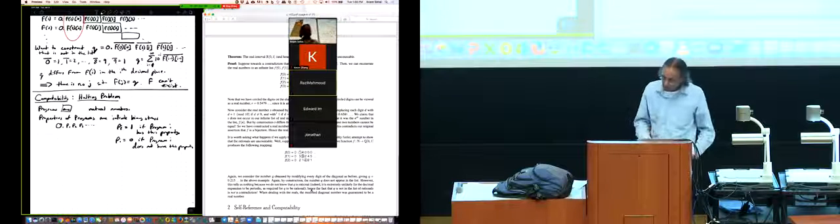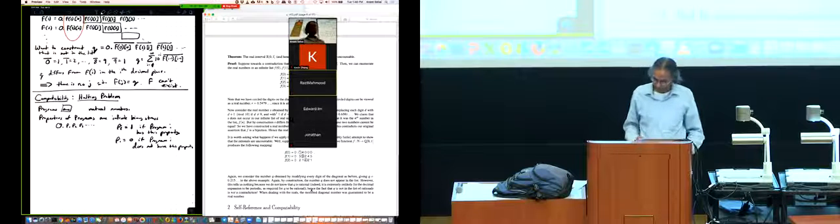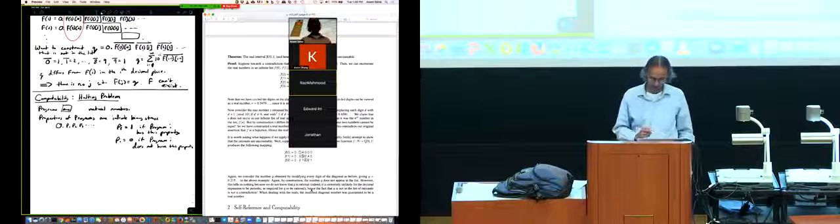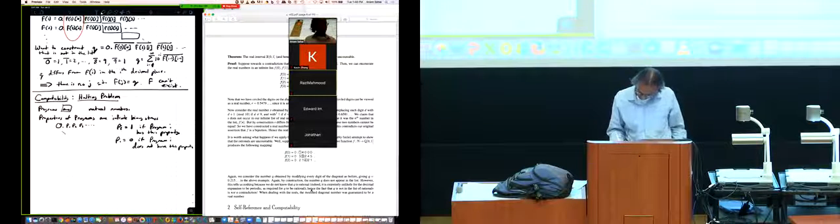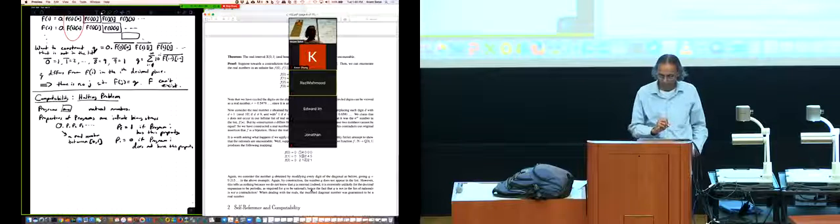So, although programs are natural numbers, properties of programs are like real numbers. And they're like real numbers between 0 and 1. Okay?